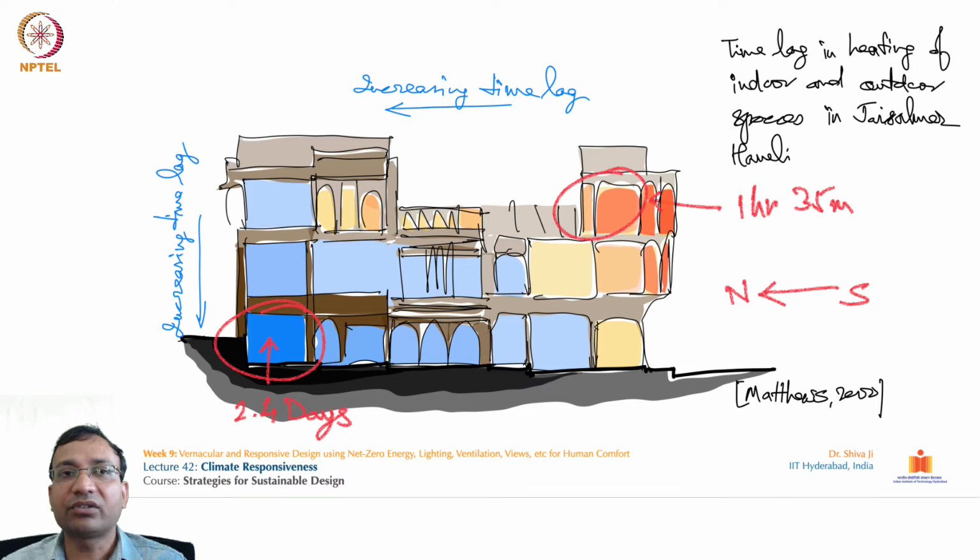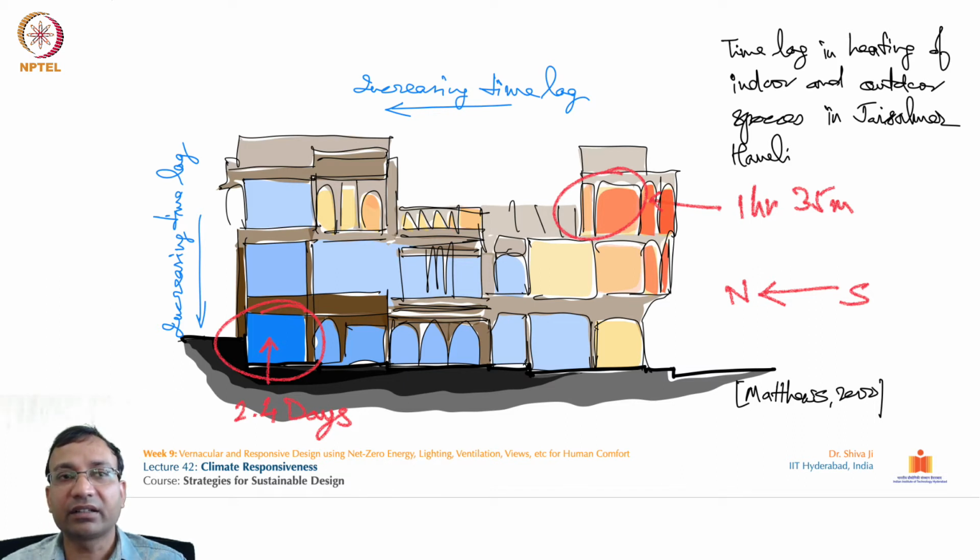So it gets heated in 1 hour 35 minutes, and the heating of this entire structure starts from this side, and keeps pushing laterally on this side, as well as towards the ground floor.